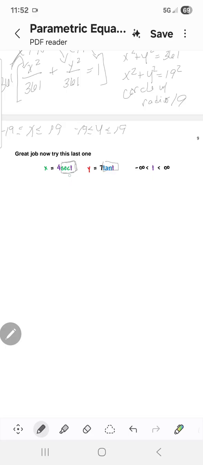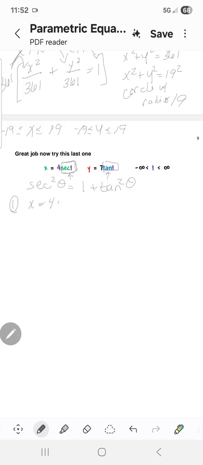So we want to think about a trig identity that uses secant and tangent. You could use a couple of different ones. We have secant squared theta equals 1 plus tangent squared theta. I like this one because it has a 1 in it. Anytime a trig function has a 1 in it, it's kind of nice. We're going to use this one. First we isolate those trig functions.